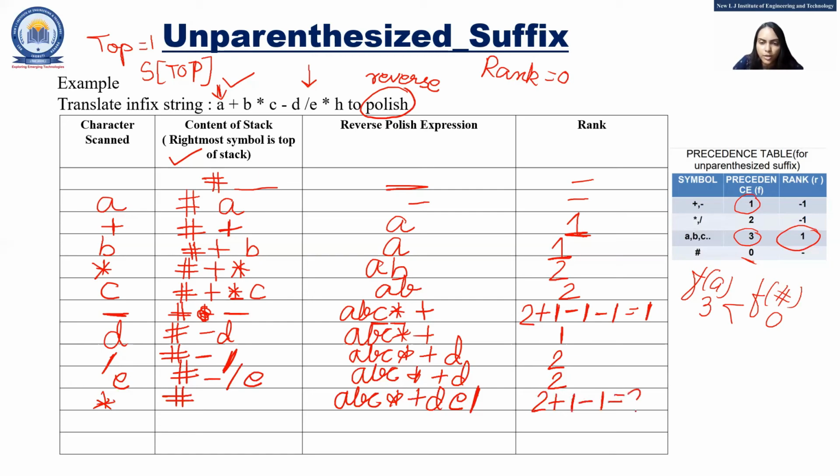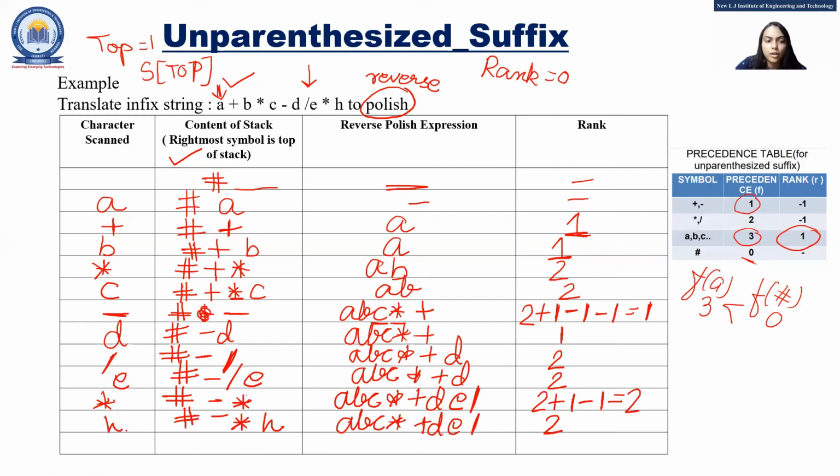That brings us to again 2 only, right? And minus and star are pushed, right? Minus was there, star is pushed. And the last one is H. So H is also pushed over here. So A, B, C star plus D, E slash, here it is 2.